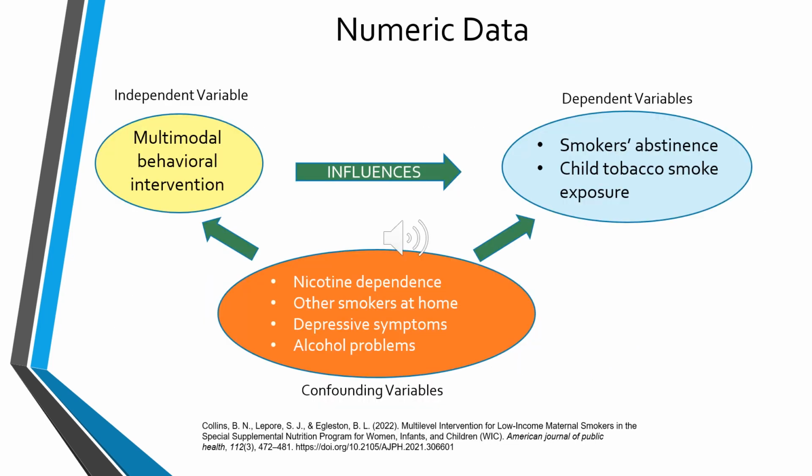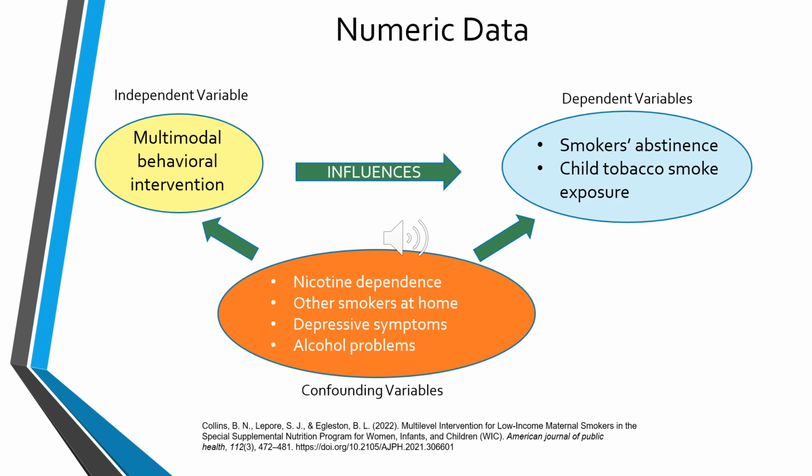This figure illustrates a randomized controlled trial designed to test the efficacy of a multi-level intervention to improve low-income maternal smokers' abstinence and reduce child tobacco smoke exposure. The multimodal behavioral intervention in the yellow oval is the independent variable. It is expected to cause a change in the dependent variables in the blue oval, smokers' abstinence and child tobacco smoke exposure.